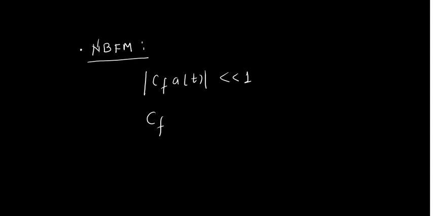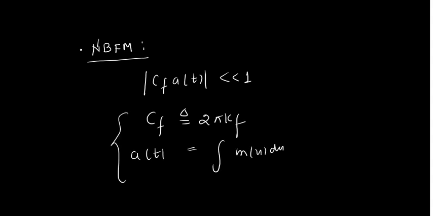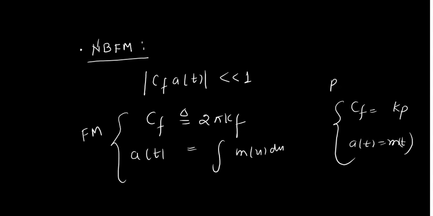And what was your CF? CF we defined as 2 pi kf, and AT we defined as the integral of your message signal. This is for the case of FM, and for the case of PM, you can just replace CF by KP and AT with MT. So this is a narrowband assumption, right?